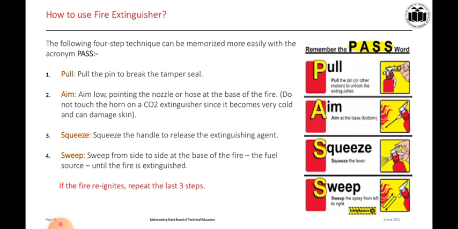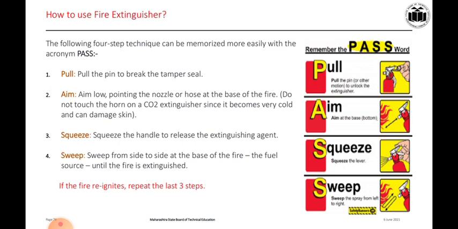Do not touch the horn on a CO2 extinguisher since it becomes very cold and can damage skin. Means if that is spread over our skin, skin damage will take place. Then squeeze the handle to release the extinguishing agent.